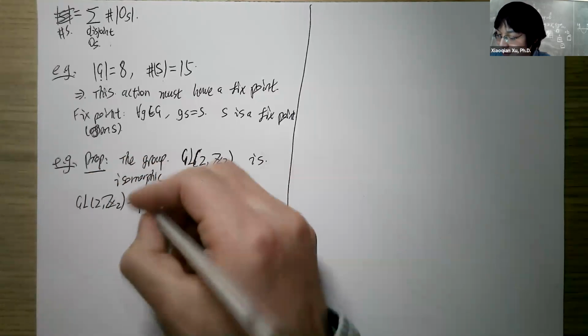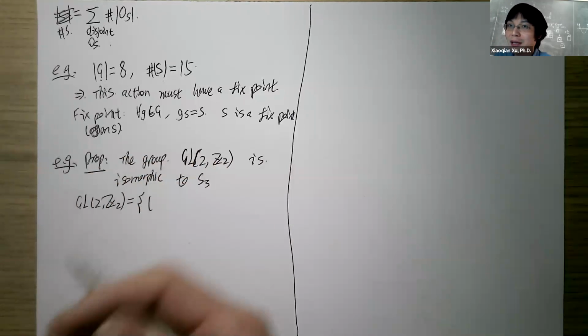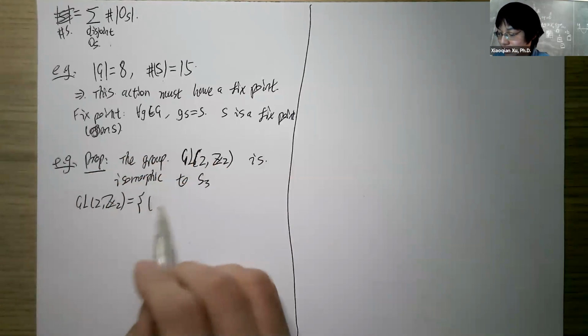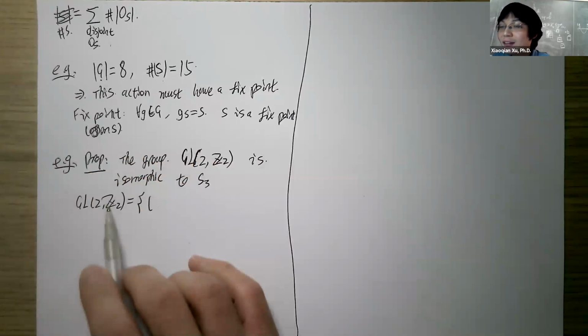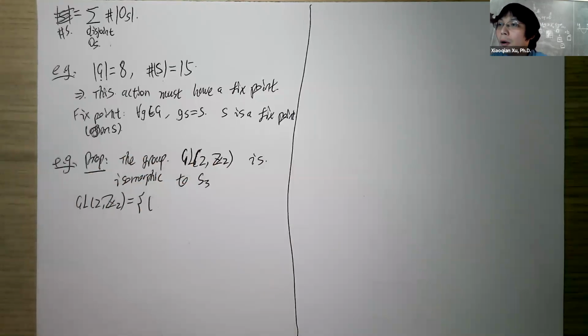And the matrices must only take entries in Z2, which means each is either 0 or 1. And it's 2 by 2 matrices. And it's invertible, right? Which means the determinant is not 0.